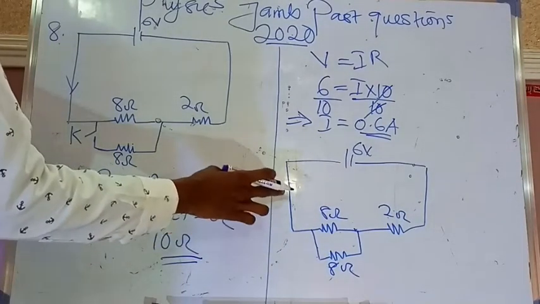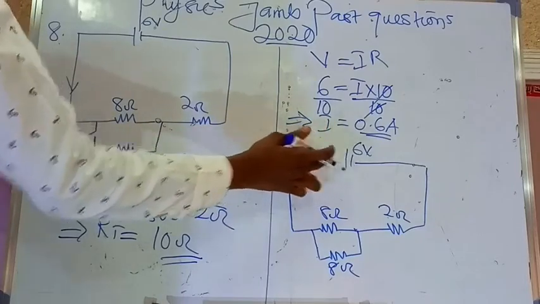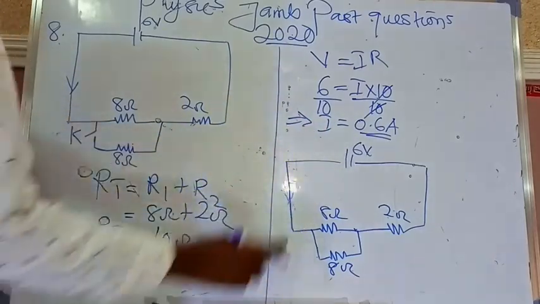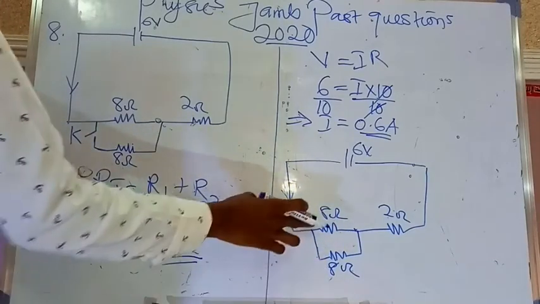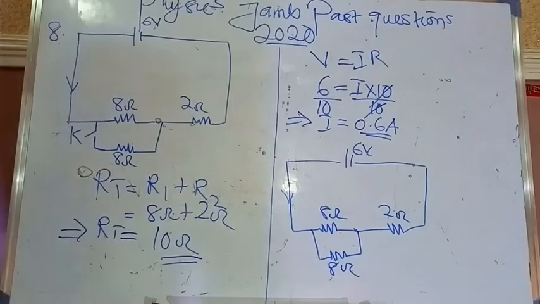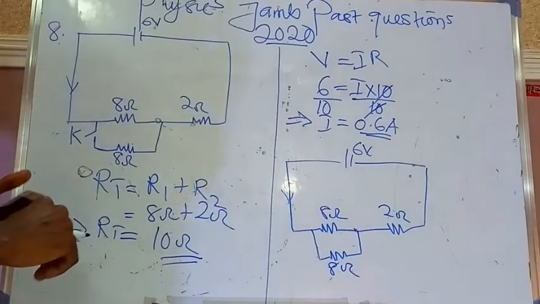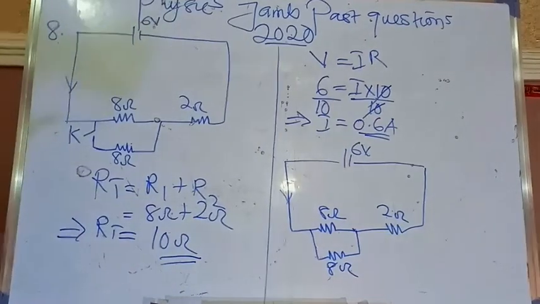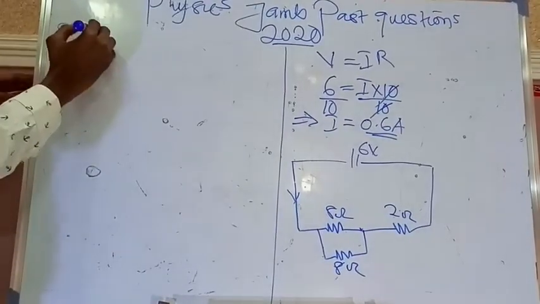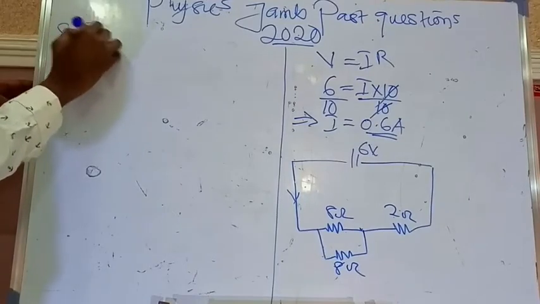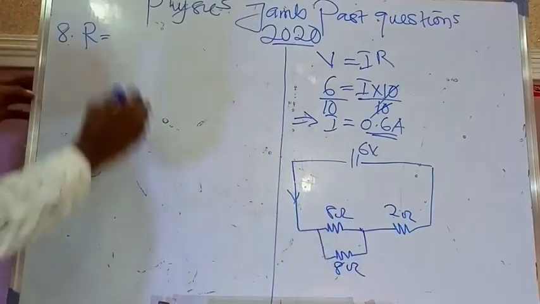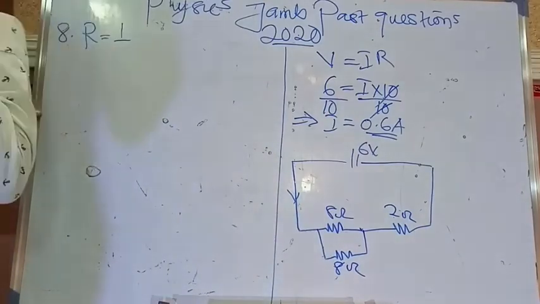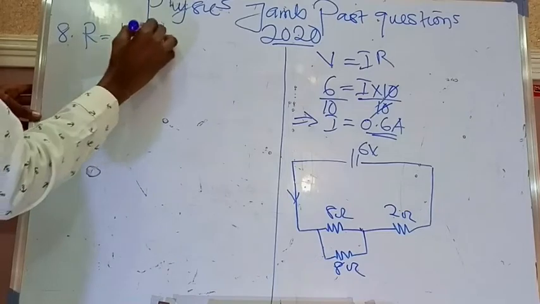Now you see the current that will flow from this 6 volt source has to circulate. Some of the current will flow through this and some will flow through this, because now this 8 ohm and this 8 ohm are in parallel, since the circuit is now closed. So our total resistance: these two are in parallel, so it will be 1 over 8 plus 1 over 8.